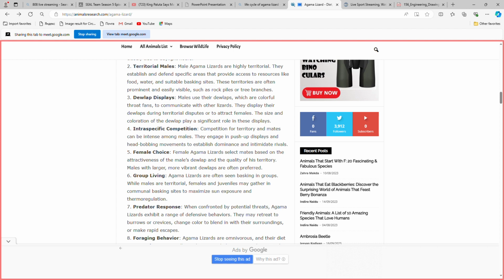And when they are done communicating, we have something that we call the intraspecific competition. With this one, the competition for territory and mates can be intense among males, and they engage in push-up displays and head bobbing movements to establish dominance and intimidate rivals.